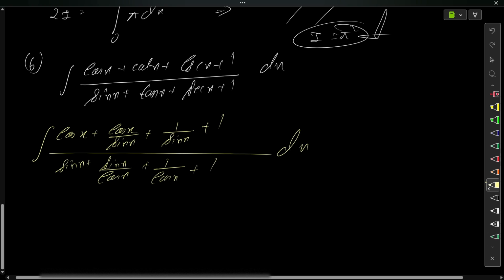Are you observing the nature? The pattern is symmetric for the numerator and the denominator. Look, cosine cosine, sine sine lower, sine sine, cosine cosine lower, plus 1.